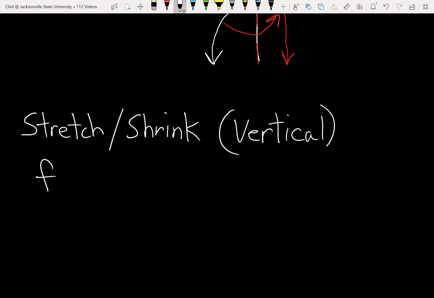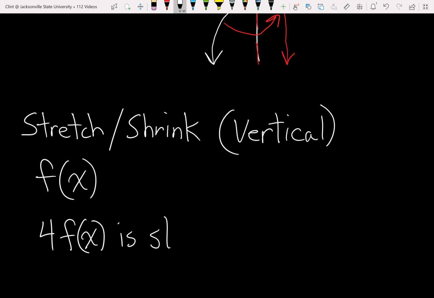So if we start with f of x, the way we would stretch this is we would say that 4 times f of x, 4f of x, is stretched by a factor of 4.